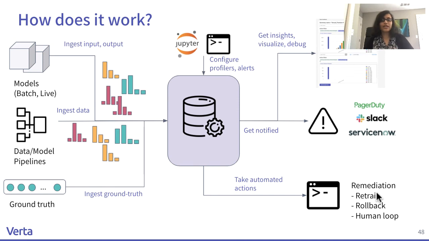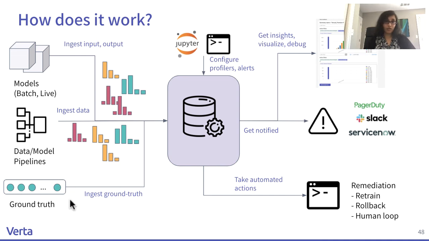So how does it work? This gives you a high-level picture of our overall architecture. You start with data ingestion. That means you are ingesting the input data and output data of your production models. It could be either a batch model or a live model, or if you're monitoring your ETL data quality, you can also ingest your ETL pipeline data.